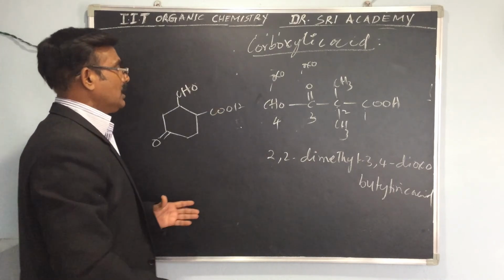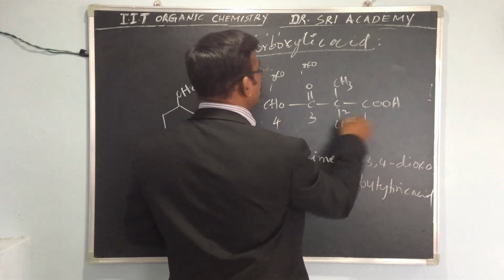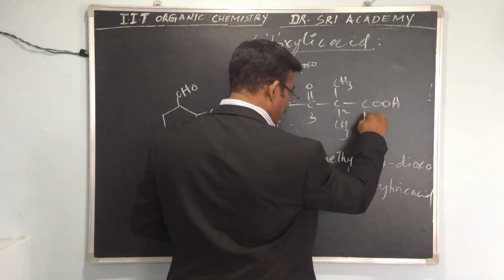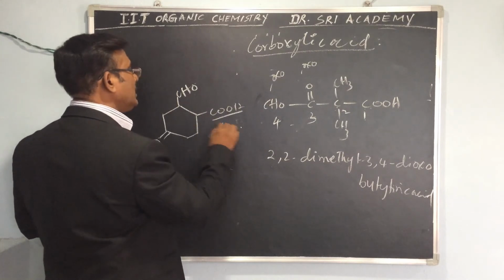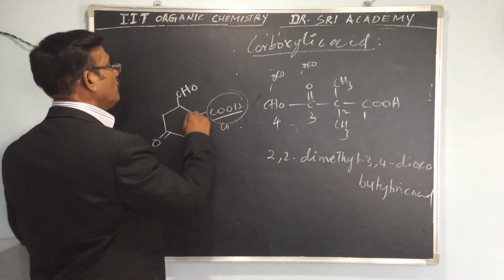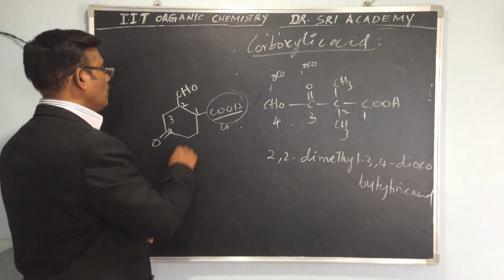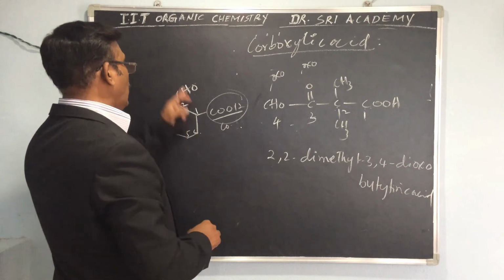In an open chain, the carboxylic carbon is included, but in a cyclic compound this carbon is not included for numbering. We number 1, 2, 3, 4, 5, 6, cyclohexane.